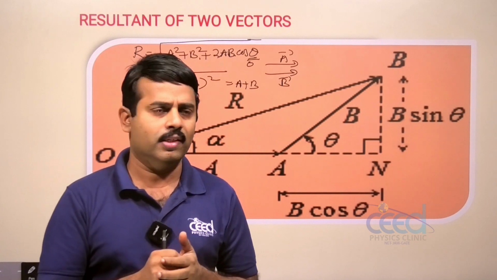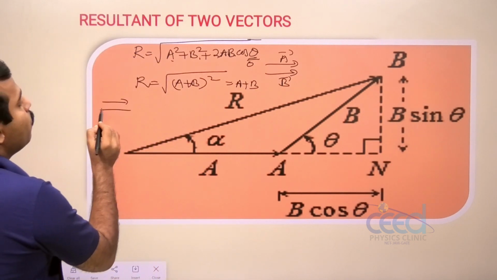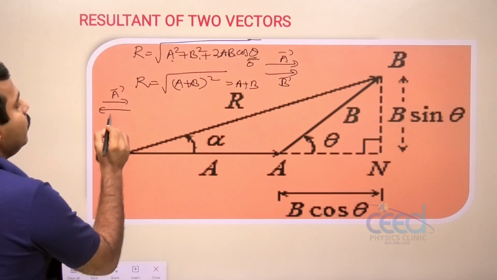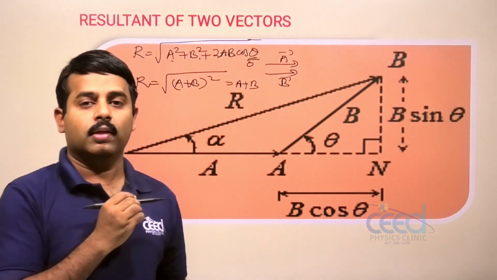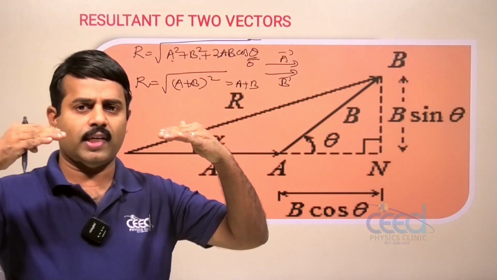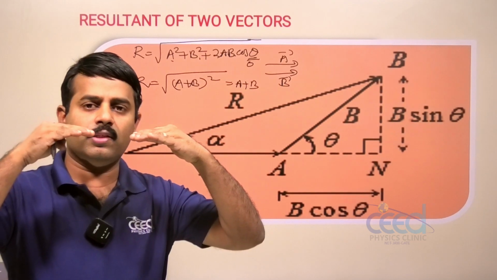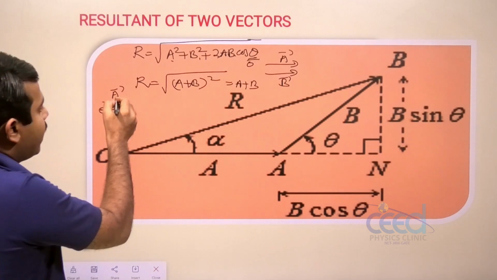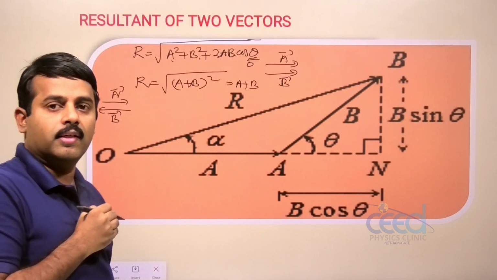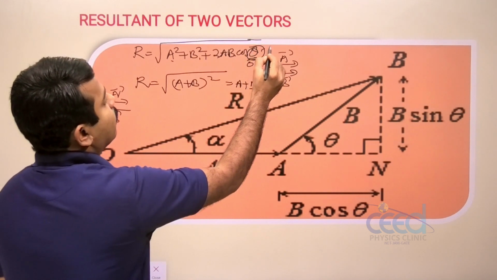Already we know this. Similarly, if A and B are acting in opposite directions, what happens? One force is acting from here, another force is acting from there, and the bigger force minus the lower force is the resultant. How do we get that result? If these are acting in opposite directions, the angle theta is 180.